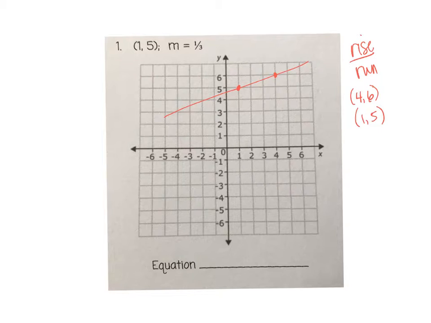I'm going to go back to stat, over to calculate, number 4, hit enter. So my A value is 0.333 repeating. My B value is 4.6666667.